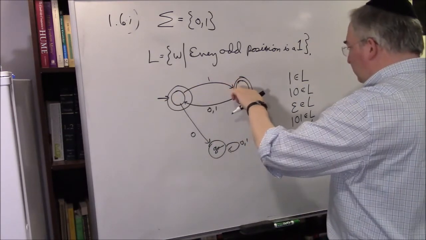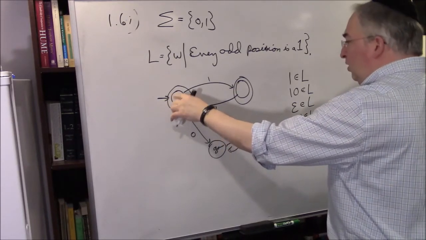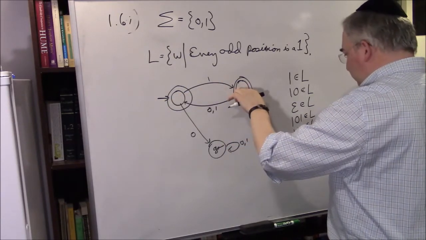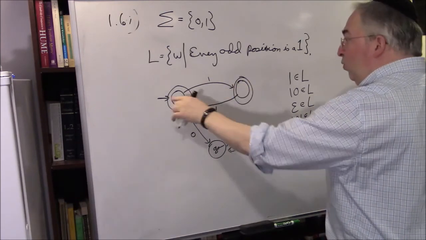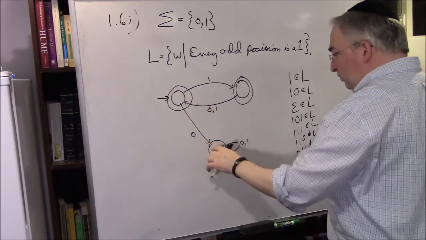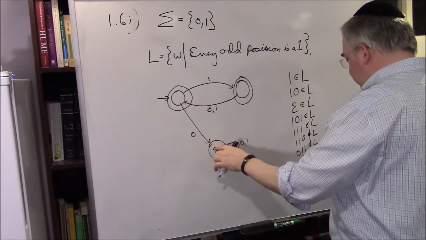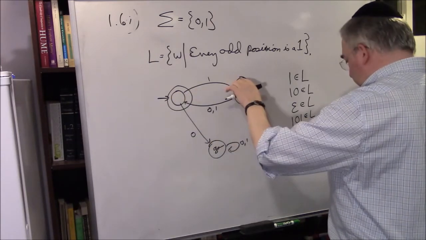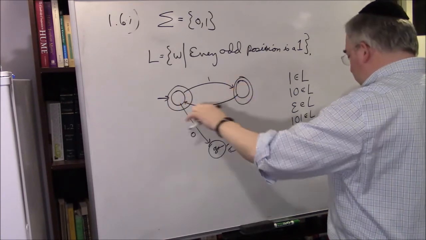Okay, and we can go through all of these. 1 lands here. 1, 0 lands here. The empty state lands here. 1, 0, 1 lands here. 1, 1, 1 lands here. 1, 1, 0 lands in the garbage state. 0, 1, 1 lands in the garbage state. 1, 0, 1, 1, 1.